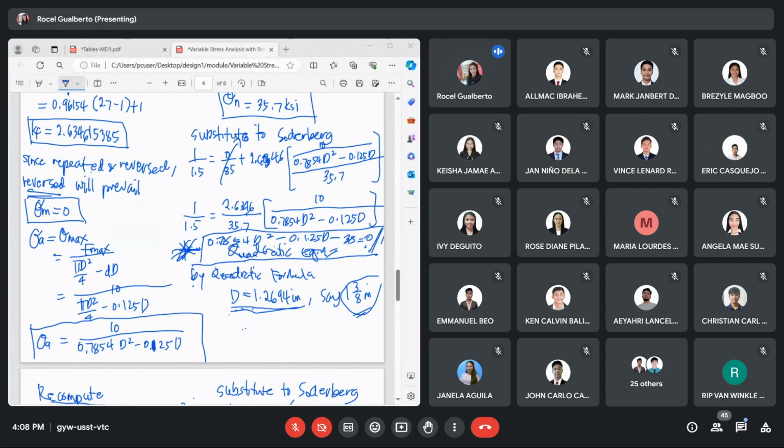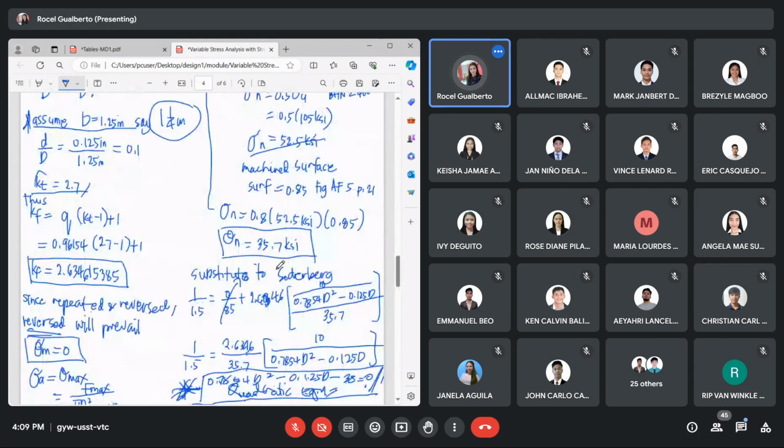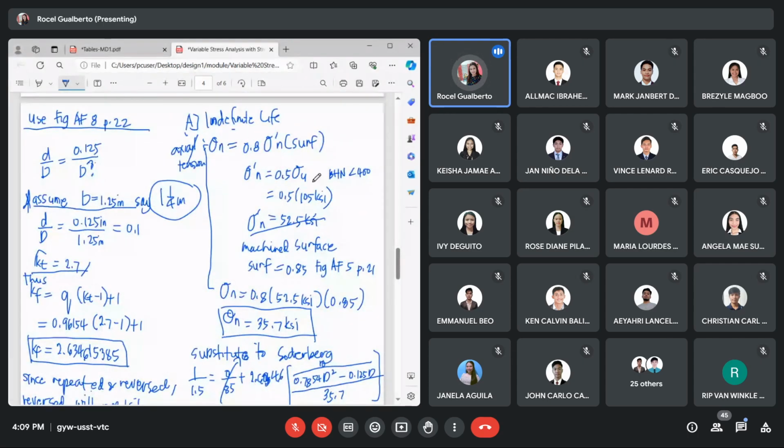Okay. Not unless po. Dito po kasi hindi tayo gumamit ng size factor, dito po sa indefinite life. Di po ba merong equation na may size factor na 0.85. So we need to recompute kapag may size factor.